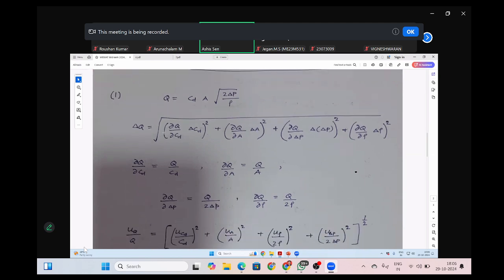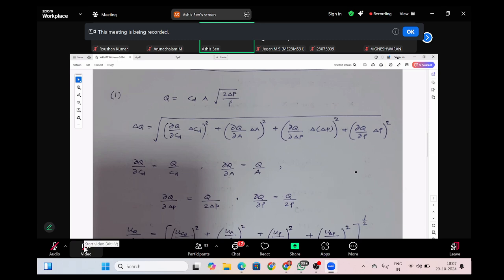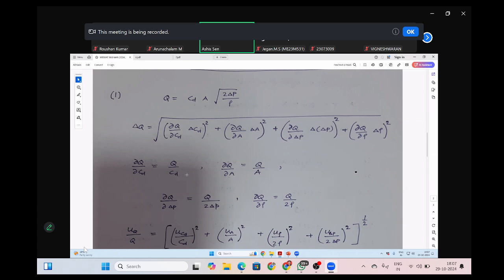And these derivatives: dou Q over dou CD. If you take the derivative of Q with respect to CD, it will be A into this term under the square root, which is nothing but Q over CD. Similarly, if you take dou Q over dou A, it will be CD into this term, which is nothing but Q over A. Okay.